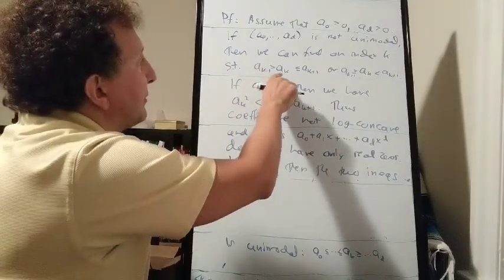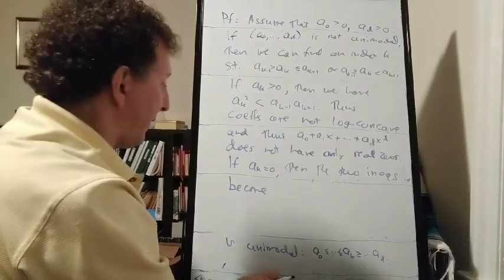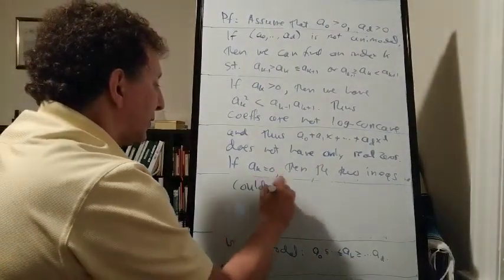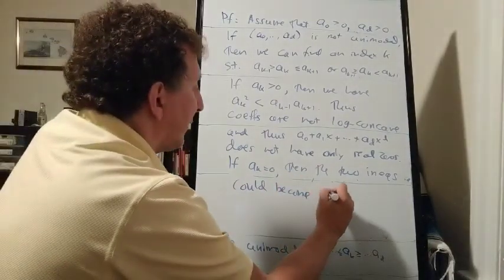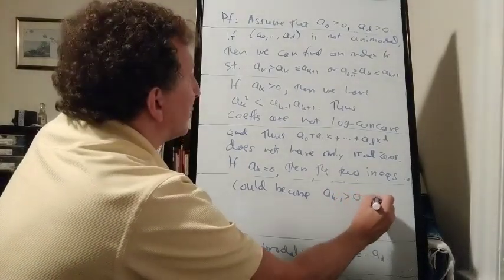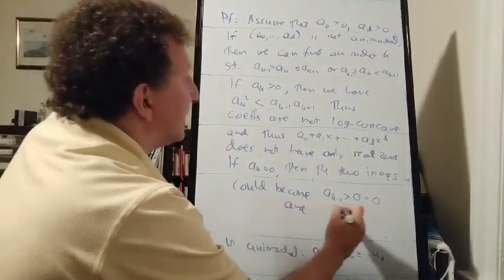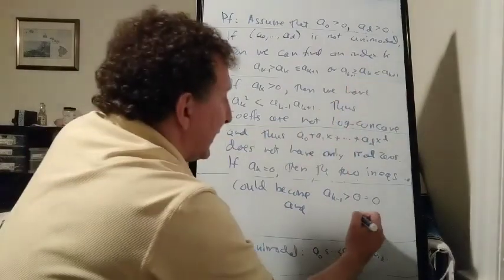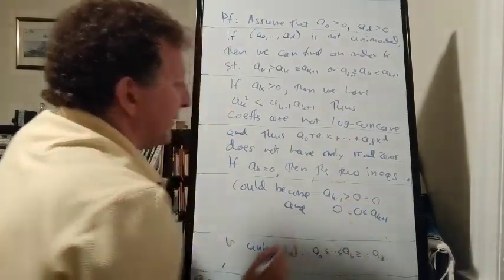The inequalities, I guess, would be fine if this is the only thing that's 0, but if we're allowing equality on one side, then the inequalities could become ak minus 1 greater than 0 equal to 0, and 0 less than ak plus 1 equal to 0 on this side.